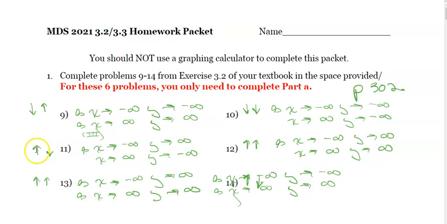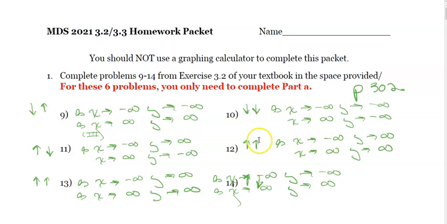Okay, here's another odd function. This time the leading coefficient is negative. So as x goes to negative infinity, y is going to infinity. As x goes to positive infinity, y is going to negative infinity. They're going opposite. Okay, 12 is an even function with a positive leading coefficient.